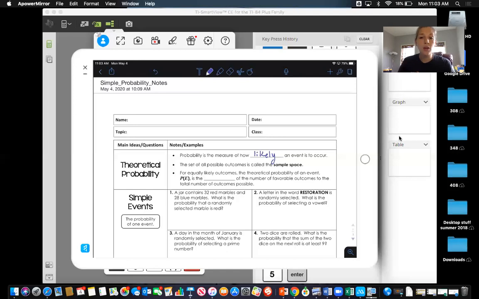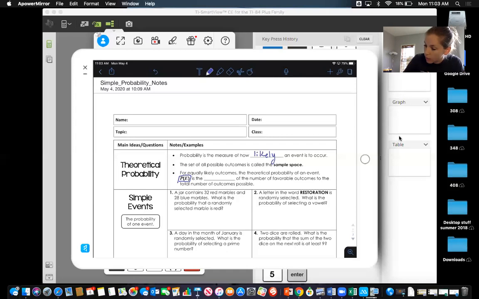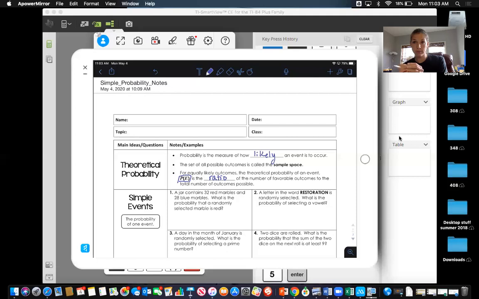The theoretical probability of an event, so I want you to notice how it is P of E, is the ratio of the number of favorable outcomes to the total number of possible outcomes. So it's always in your favor over what is possible, okay? Favor to total. So that's what your theoretical probability is.